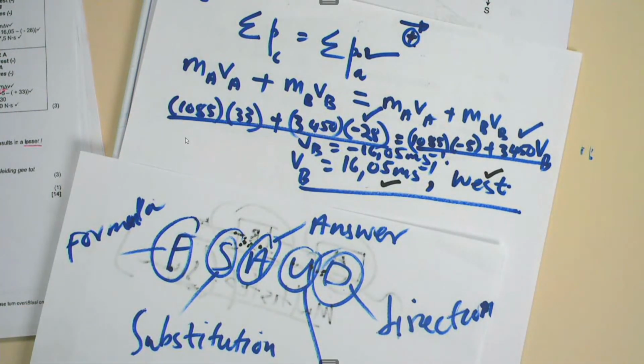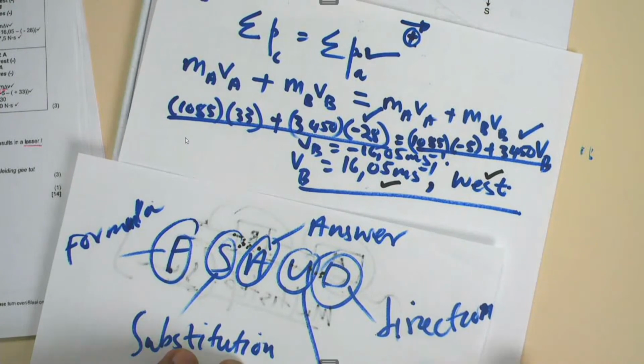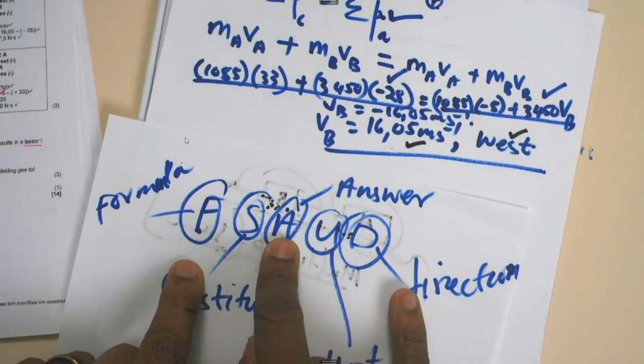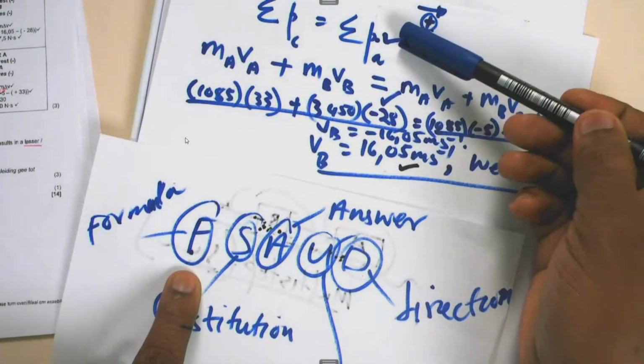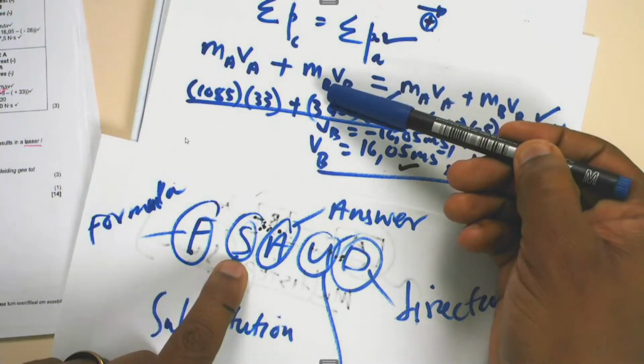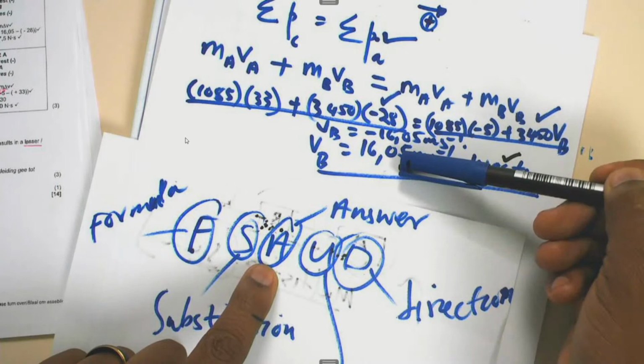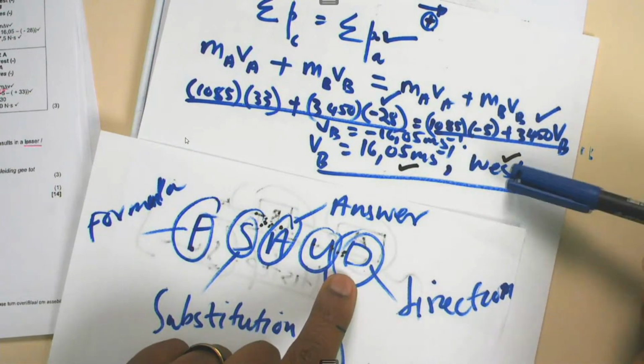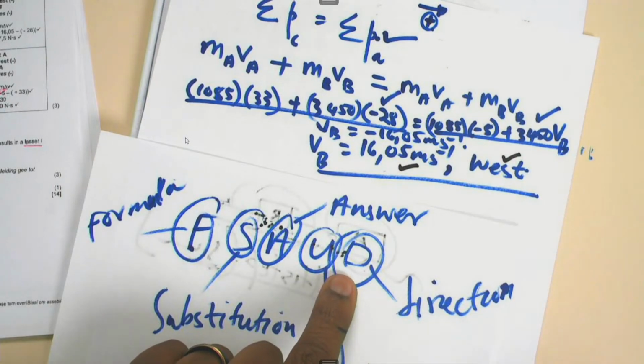So it says to me, for me not to lose any marks, it's important if I follow what? If I follow this analogy of Fsort. I will have my formula, I will have my substitution, I will have my answer, I will have the SI unit associated with the answer, and then now add the direction.